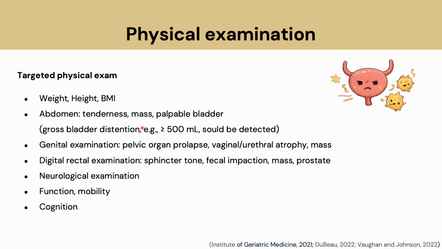It allows assessment of sphincter tone, fecal impaction, rectal mass, and the size and consistency of the prostate. A focused neurological examination should be performed when neurological disease is suspected, assessing lower limb neurological function, gait, mobility, and cognition. Overall, the physical examination should be guided by the history and the suspected subtype of UI.